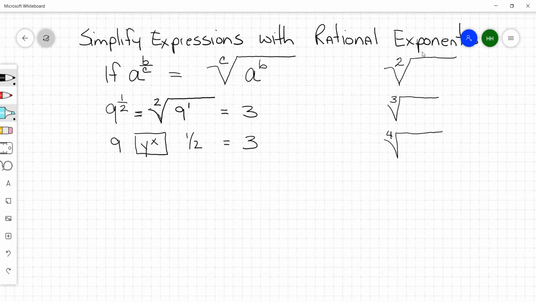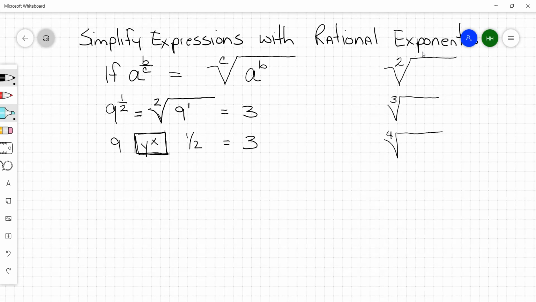So you need to understand what that fraction as an exponent means, but it's also very easy to evaluate it in your calculator, because if you use this y to the x button, you can raise any number to any whole number, or you can raise any number to any fraction.